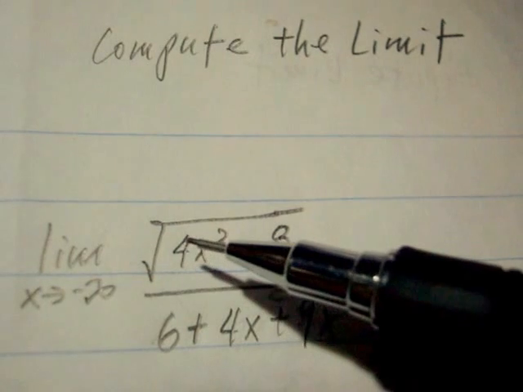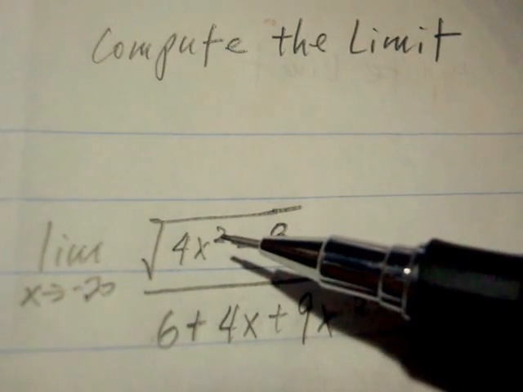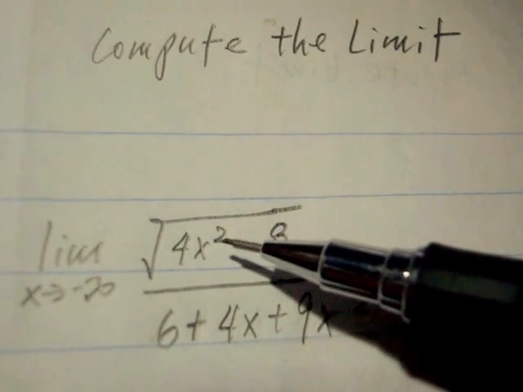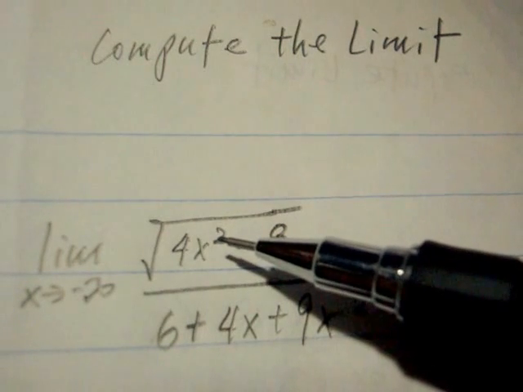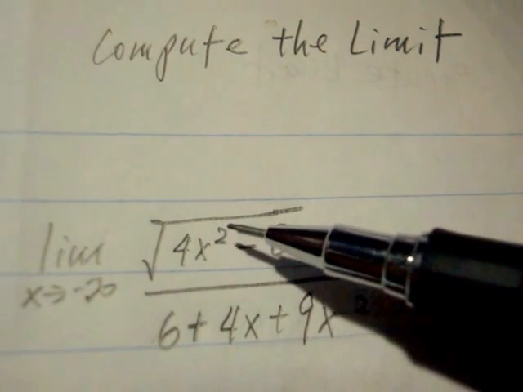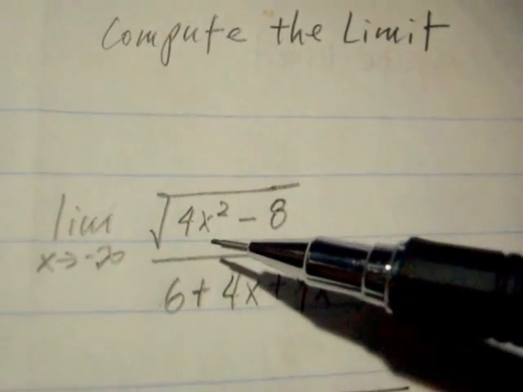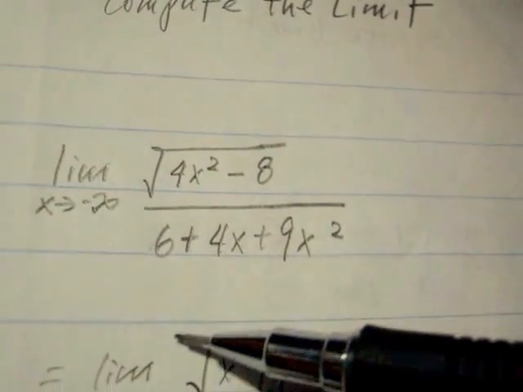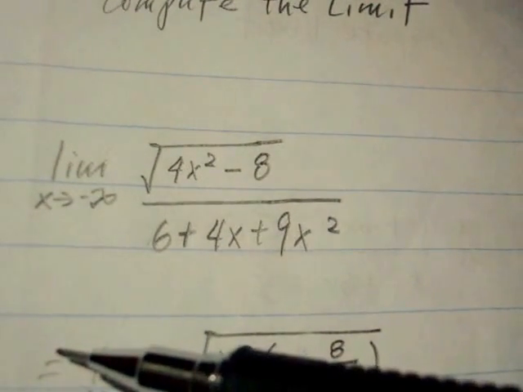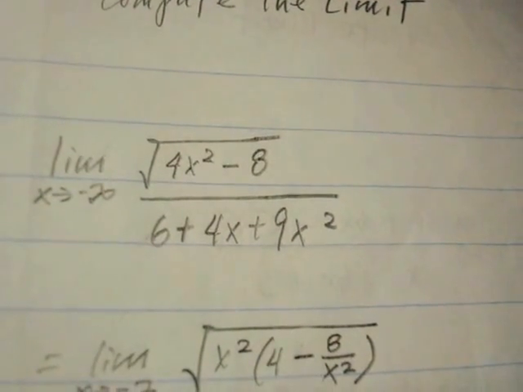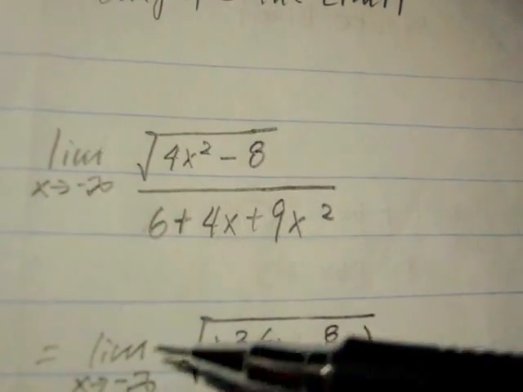So in this particular case, the numerator's highest degree is the x squared. So you need to isolate this x squared from the numerator. You write equals the limit as x approaches negative infinity.